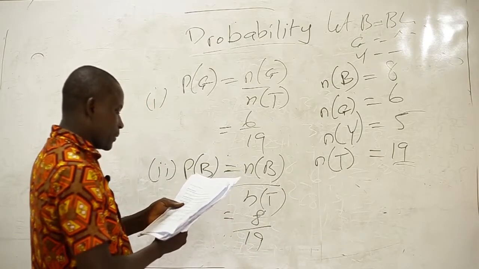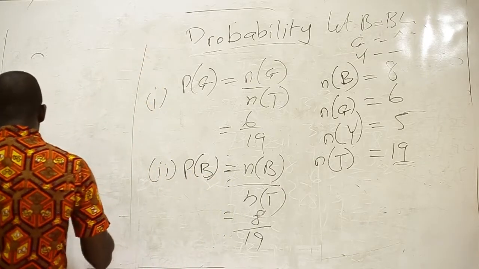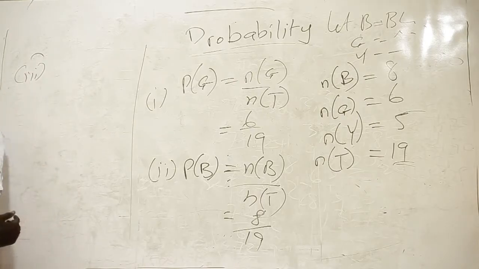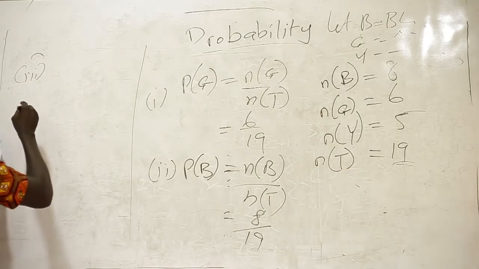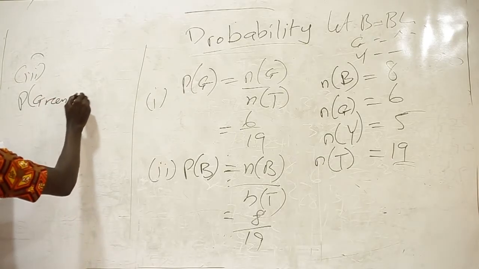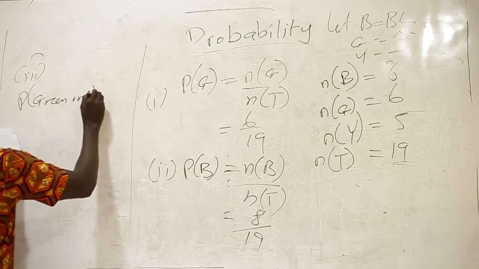Exactly. Then the next one says, what is it? It says P of green or yellow.